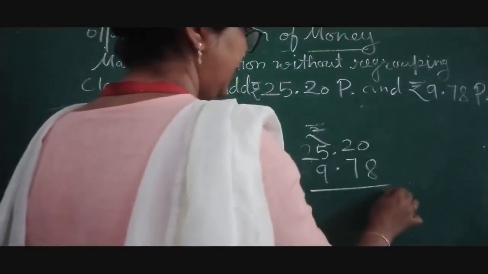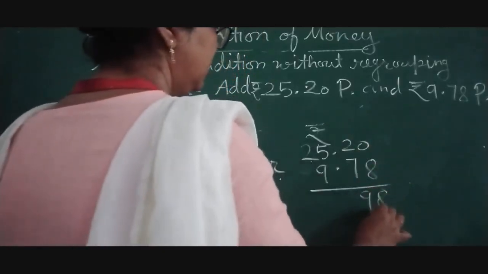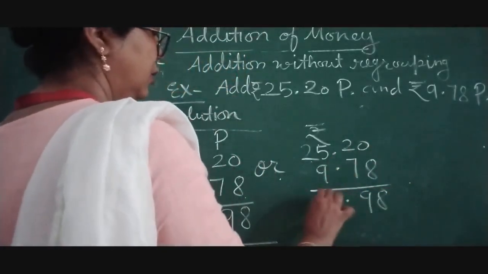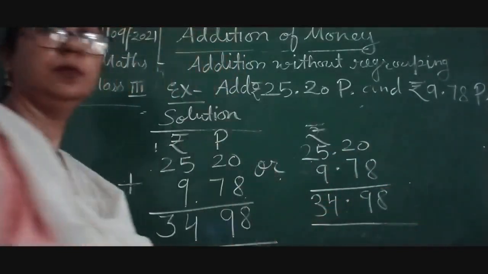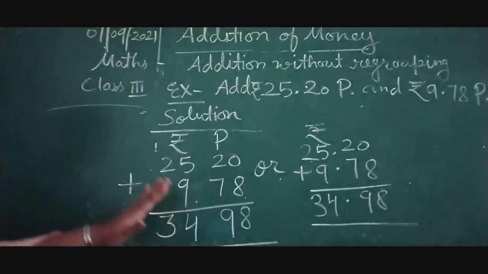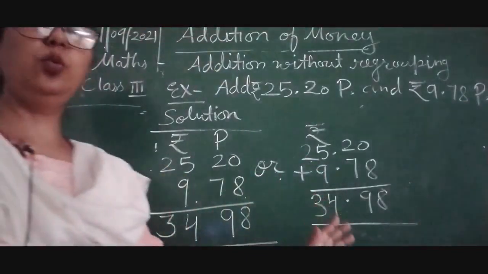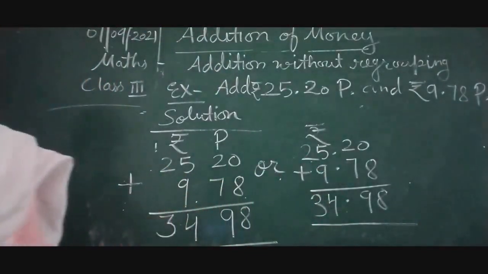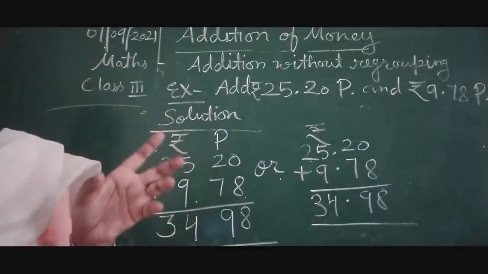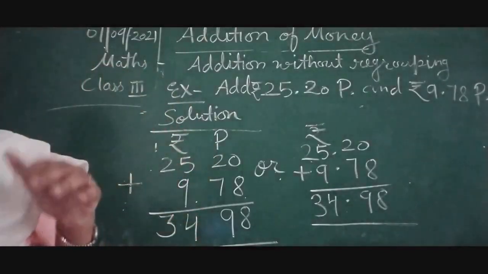Similarly we will do 8, 9, point will be there, 4 and here 3. You can do like this also. So write the amounts with points, one below the other, then add the numbers.